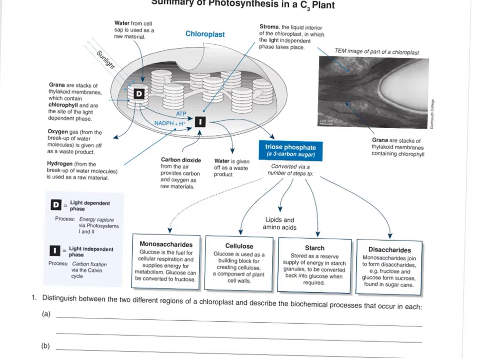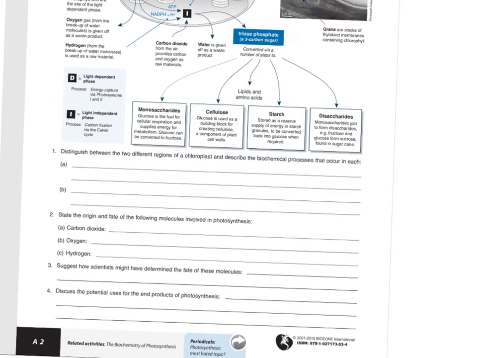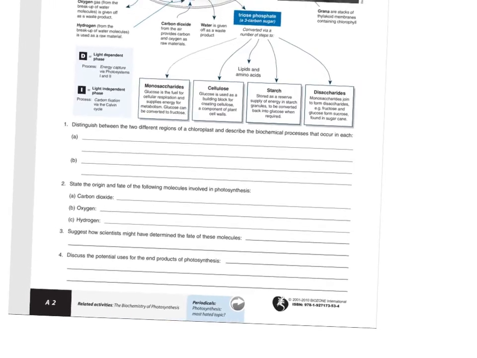Here's the sunlight. There's photosystem 2. Sunlight hits, it splits water, right? Electrons come off, oxygen gets released, the electrons get taken from what? NADPH. And where do they go? To the Calvin cycle. That's what it is, right? So you should be able to do this. You should be able to fill this out.